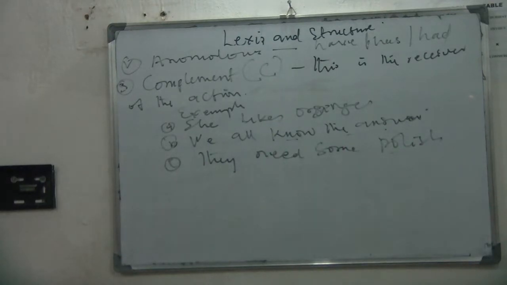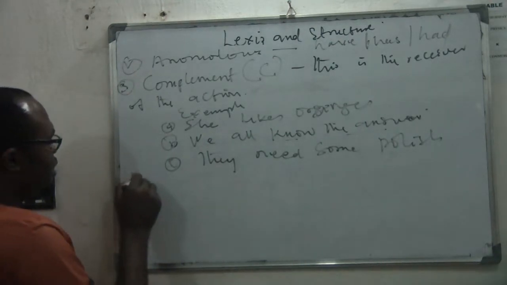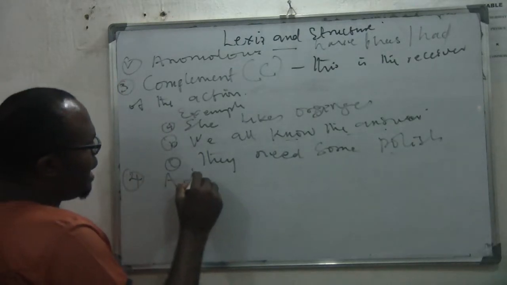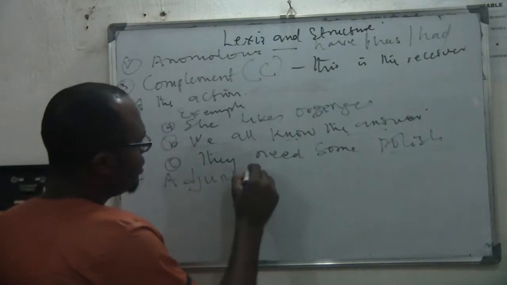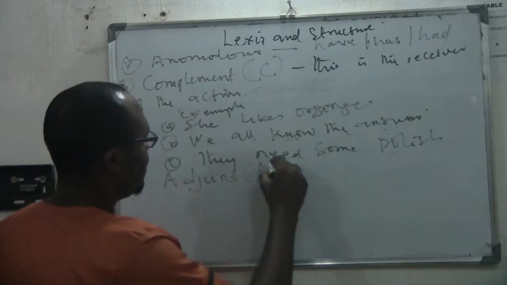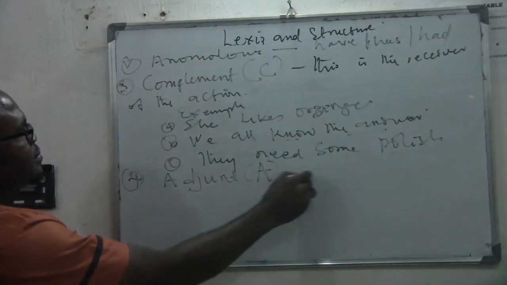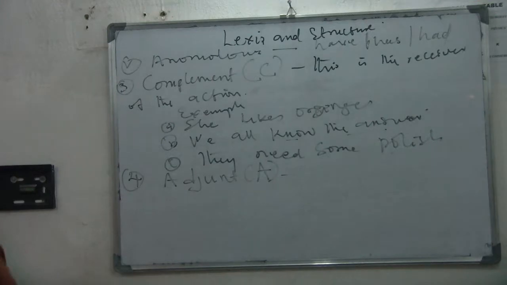Yeah, there is one last part of the sentence known as the adjunct, which is number 4. The adjunct is represented by the letter A. That's the last part of this.